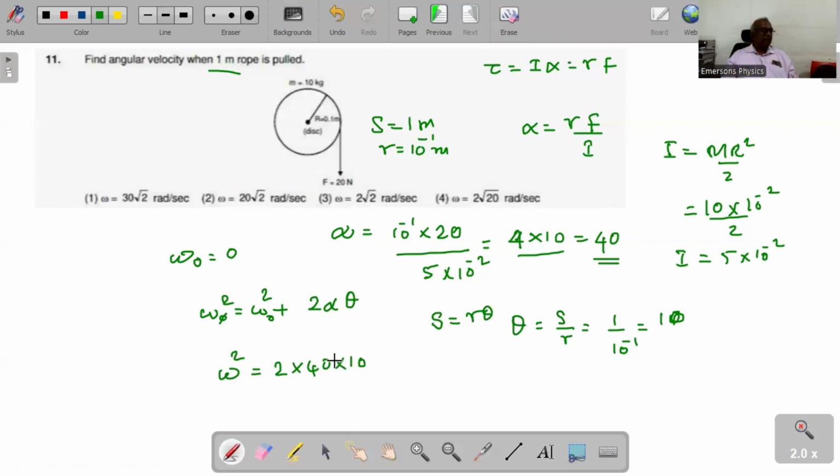So the term becomes omega squared is 800. Root of 800 is nothing but root of 2 into 400, which is 20 √2. Omega is 20 √2.